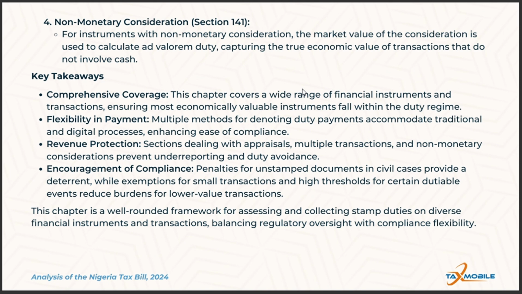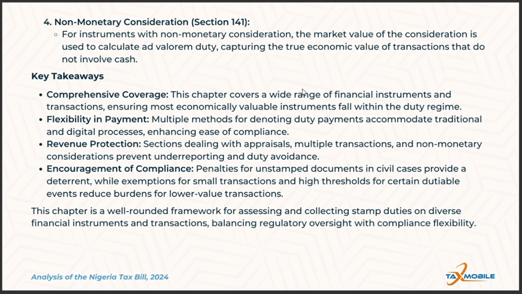Now, the key takeaway here is comprehensive coverage. Number one, comprehensive coverage. The chapter captures a wide range of financial and property related instruments, ensuring that economically significant transactions fall within the stamp duty regime. Number two, flexibility in payment.